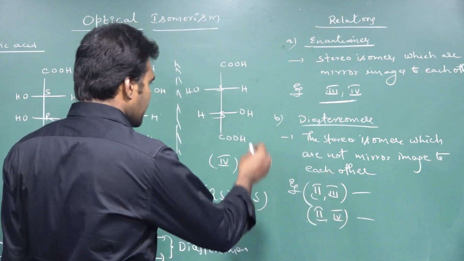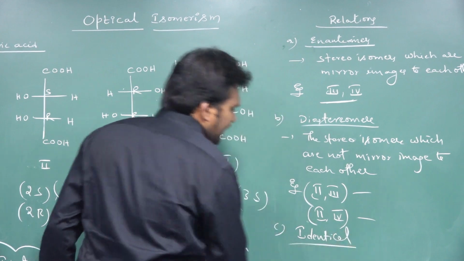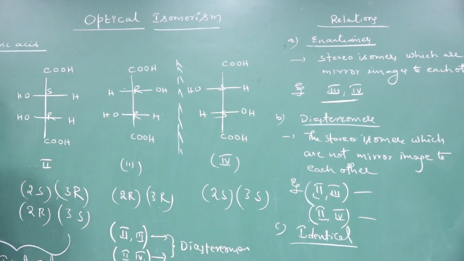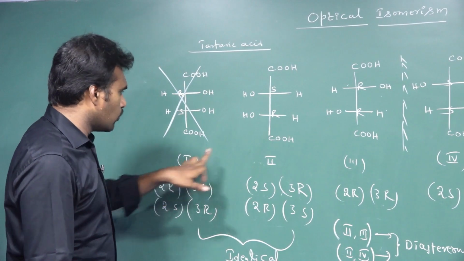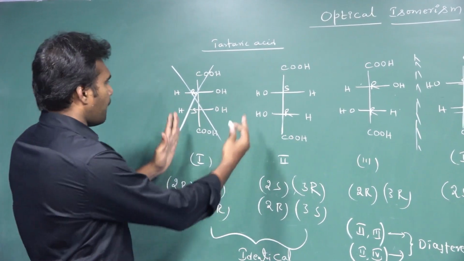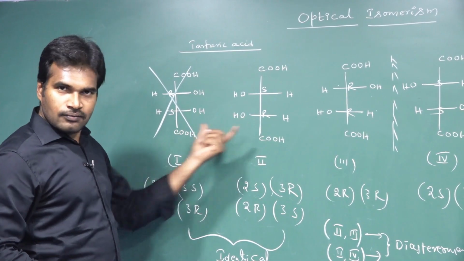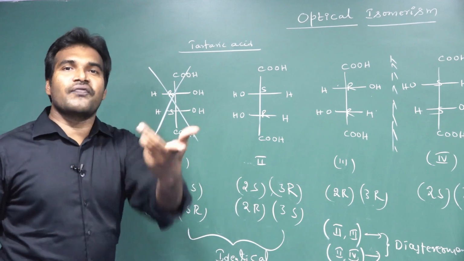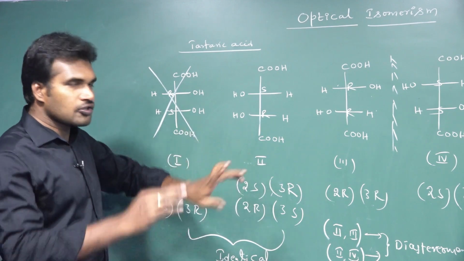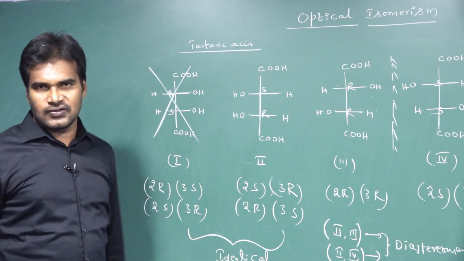Next one, identical isomers. I told you compound 1 and compound 2, they both are identical. How can we define it? It's nothing but a pair of compounds having the same molecular formula and also the same configuration. Even their stereochemistry is the same. That pair of isomers we call identical isomers.